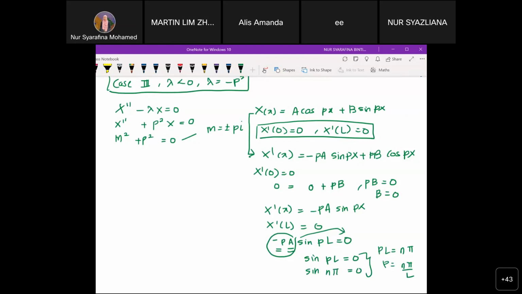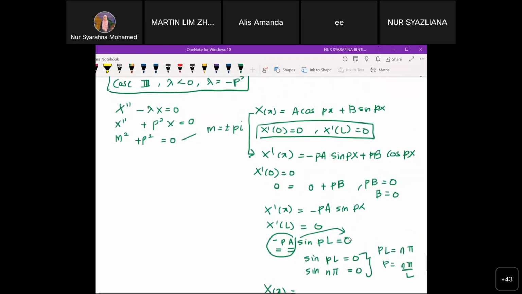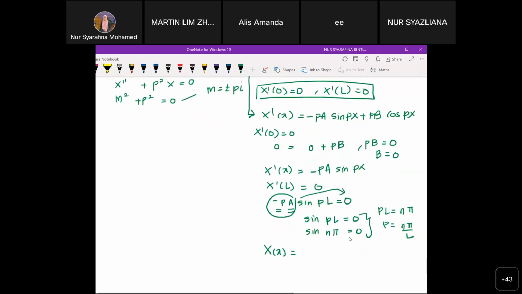Okay, now you have your p, you have your A, you have your B. So the solution for this x equals A cos px, and p is n pi over L, so x equals A cos n pi x over L. Okay, clear now?